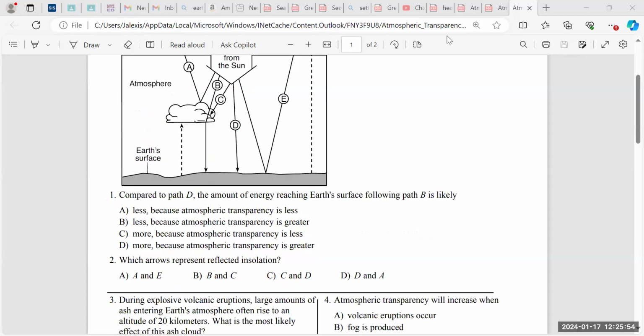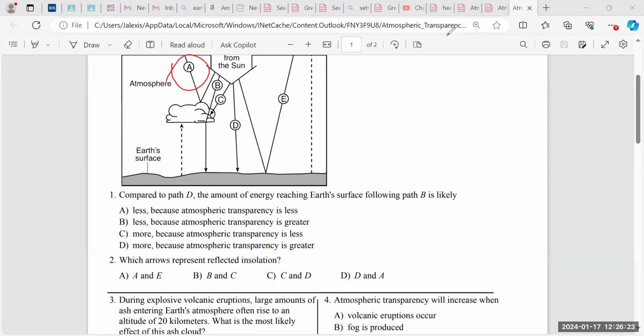All right, number two. Number two states as follows. It says, which arrows represent reflected insolation? So that means I'm going to look at the diagram and see where there are lines being bounced back up. Well, there are two letters that I see being bounced back, A and E. And we know that clouds are reflecting some of that insolation.